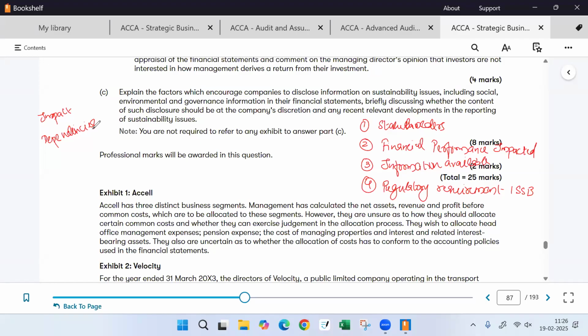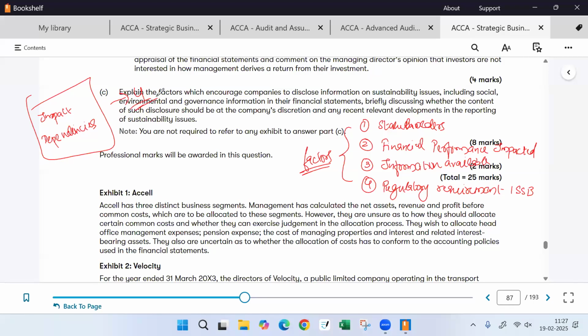Now, again, this is a hardcore theory question, right? It has nothing to do with the scenario. You don't need to link to the scenario, but read that particular topic, which is sustainability. You understand? Right? So here, 4 marks will be given to talk about the factors, and 4 marks will be given to talk about the impact and dependency.